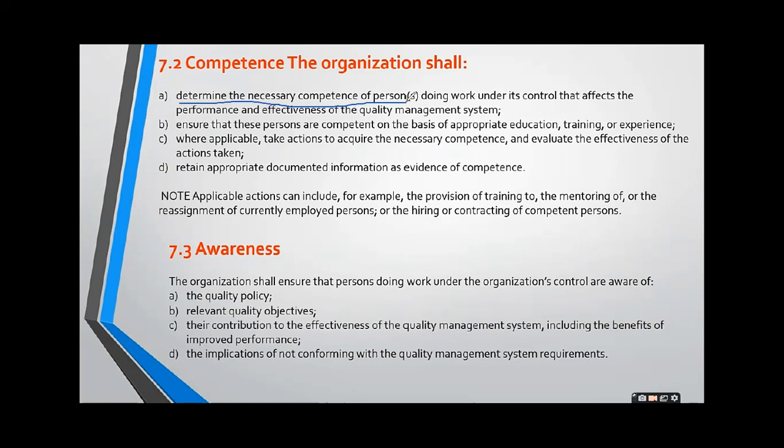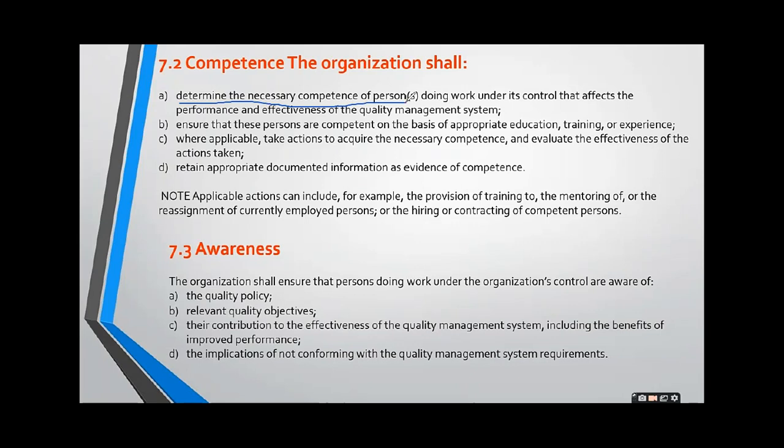Part B ensures the competence, where you will verify that the personnel possesses the necessary competence through education, training, or experience. Part C is to acquire and evaluate the competence. If needed, you will take actions like training, mentoring, or hiring to address the competence gaps and evaluate the effectiveness of those actions.